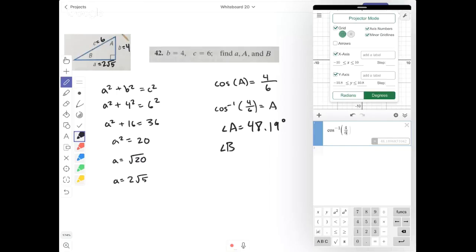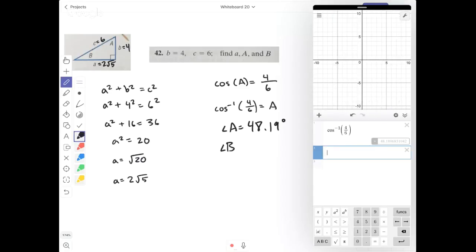I could find it out by subtracting from 90, but instead I'll practice a little more trig pieces, so I can see from angle B that the opposite is 4 and the hypotenuse is 6. That's the sine ratio. So I'm going to write down here that the sine of angle B is equal to 4/6, so that angle B would equal the inverse or arc sine of 4/6.